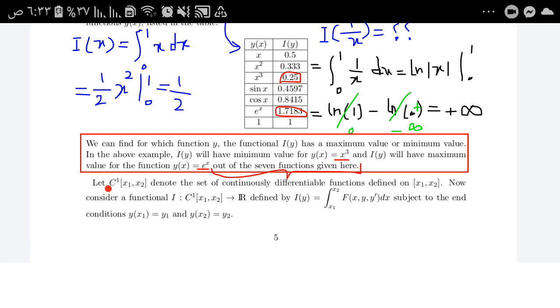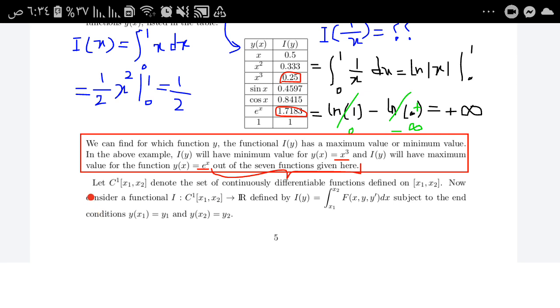Next part. Let C1 in the interval x1 to x2 denote the set of continuously differentiable functions defined on the interval x1 to x2.